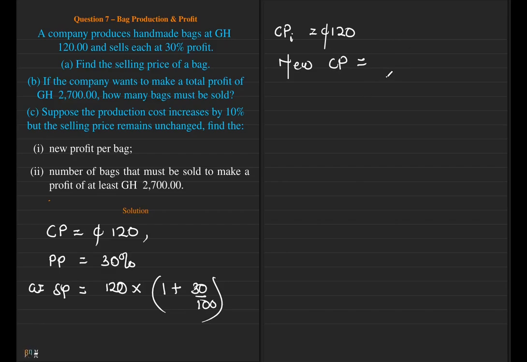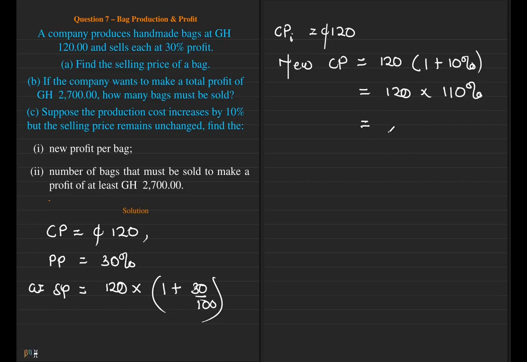You can rewrite that as 120 into bracket 1 plus an increase of 10%. Evaluating that gives us 120 times 1 plus 10 over 100. And when we add, we are going to get 110%. So 110%.